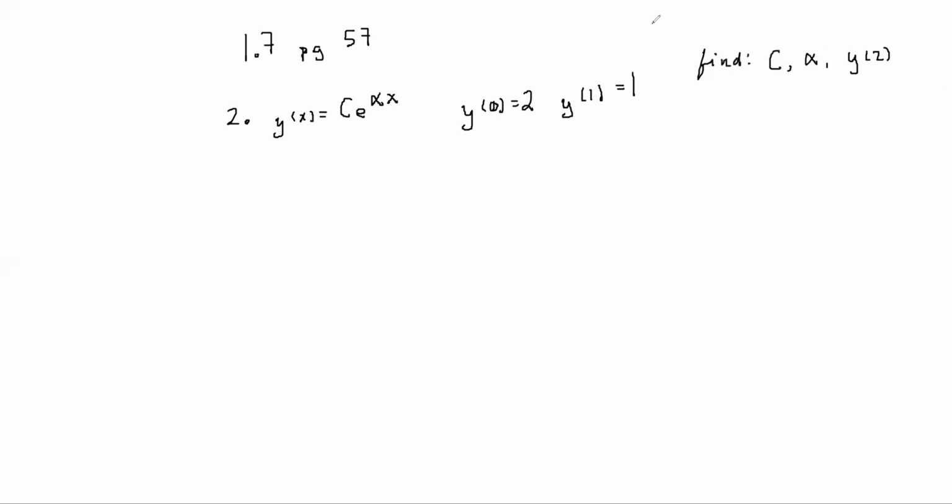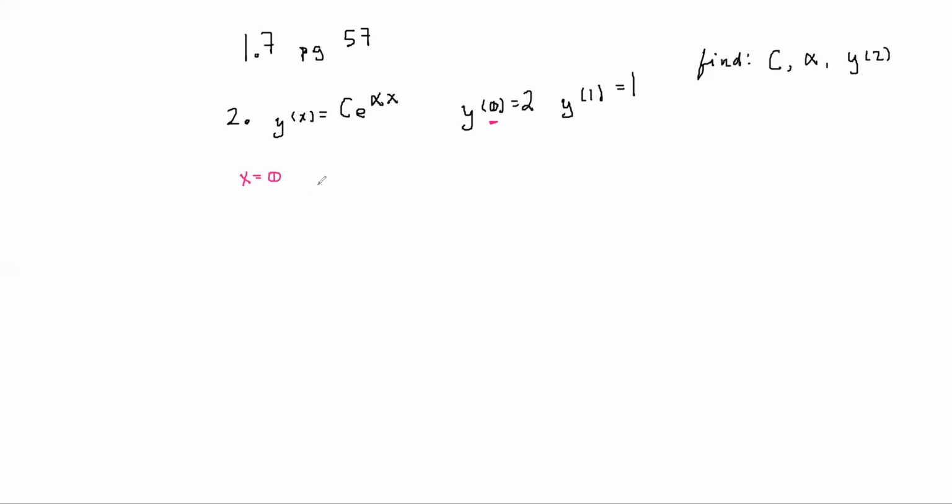Where do we start? What is our first move going to be? First move I see is we're given an initial value here. This is where t is equal to 0, or x in this case, x equals 0.